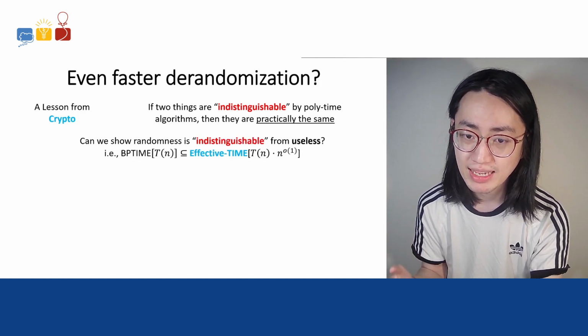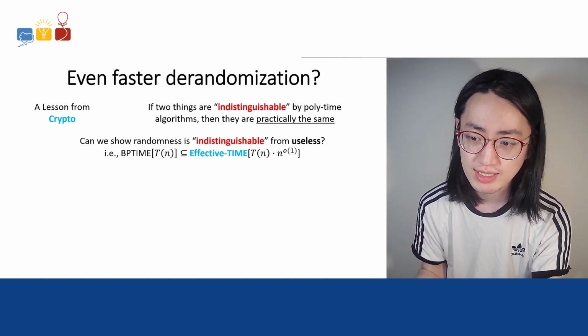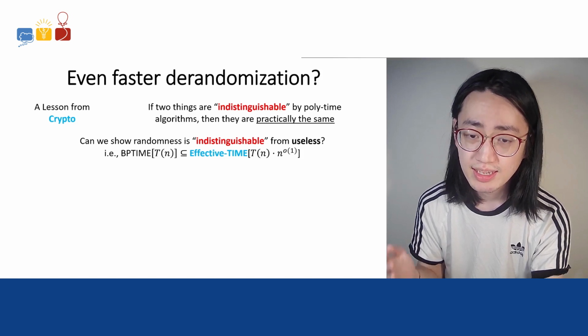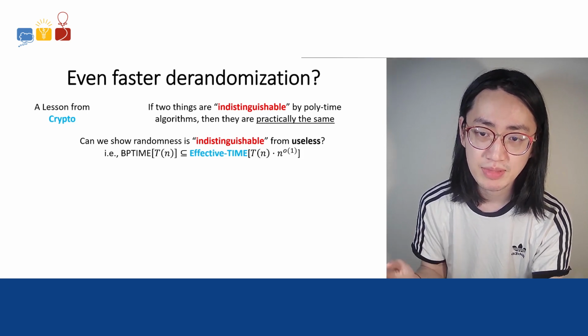So inspired by this observation, can we show randomness is indistinguishable from useless? In other words, can we show that BPTIME[T(n)] is effectively TIME[T(n) · n^o(1)]?